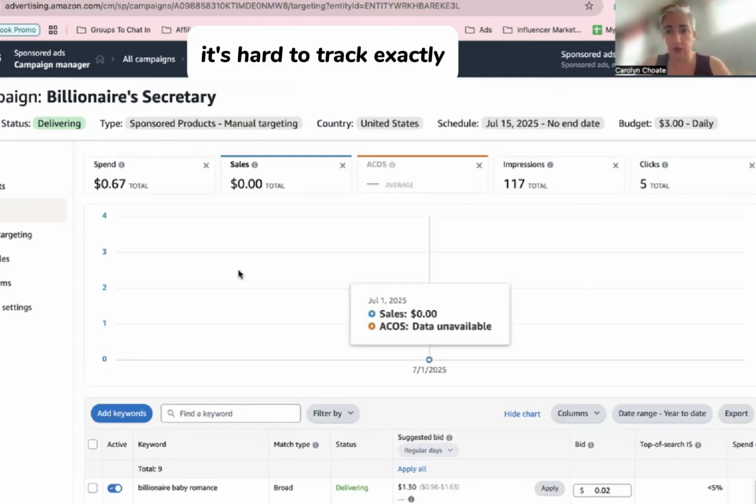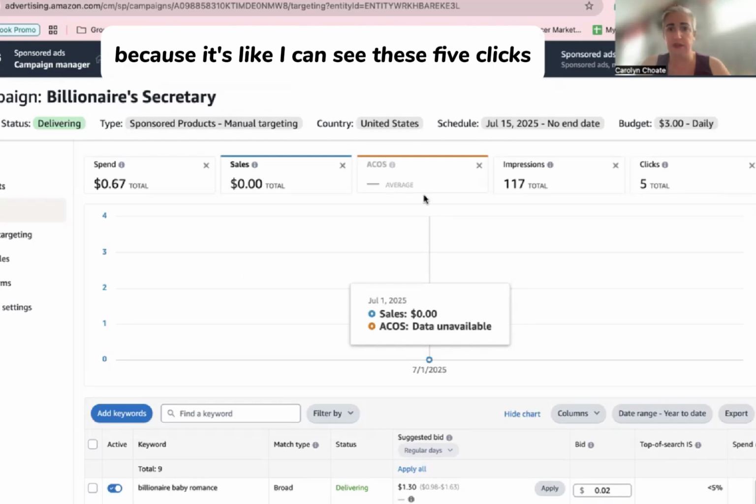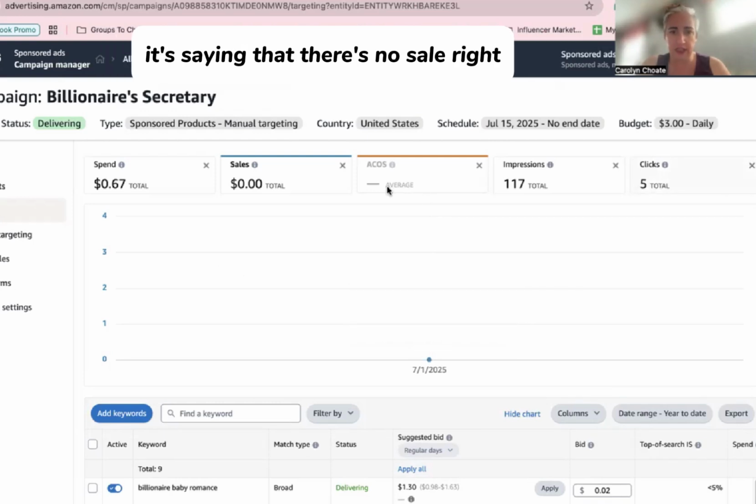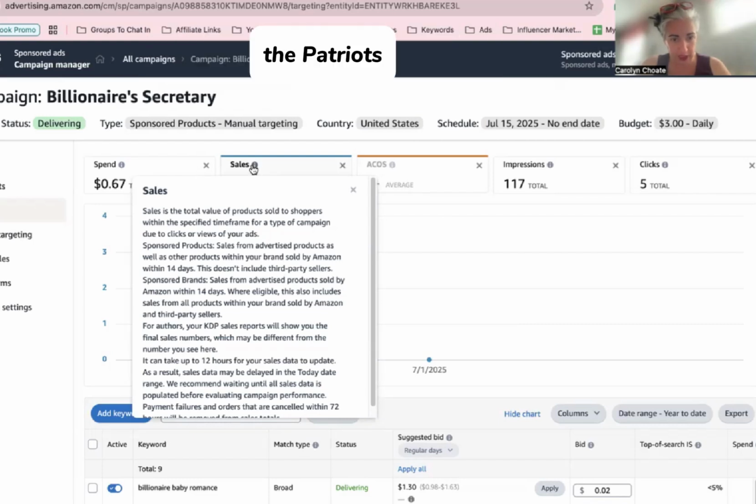It's hard to track exactly what impact this is having on sales because I can see these 5 clicks. It's saying that there's no sale, right? Because sales would show up here. But I don't know if that works in terms of the Kindle Unlimited page reads.